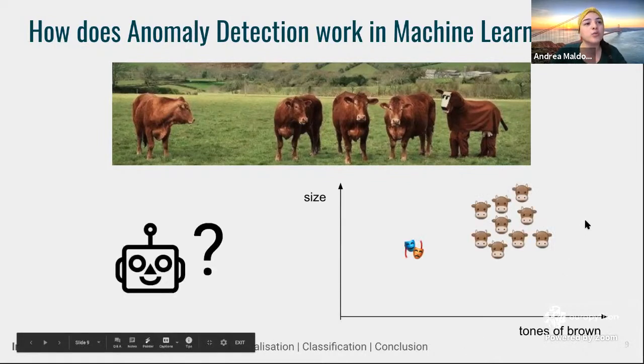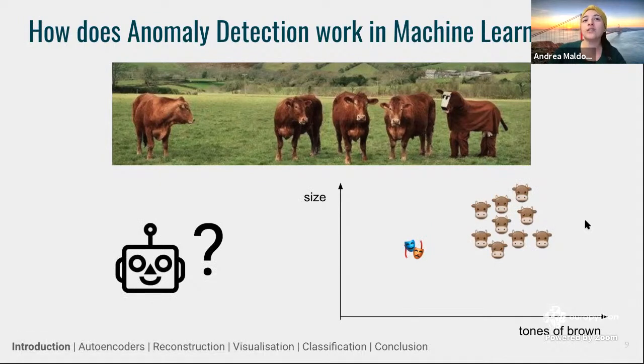You could plot the size and the number of tones of brown that one of these objects has, and then plot that into a visualization where, if you're a machine, you can make some split and say, okay, for any new object, if it falls on the right side where the majority are cows, then it's a cow. And if it falls on the left side, it's some kind of imposter.